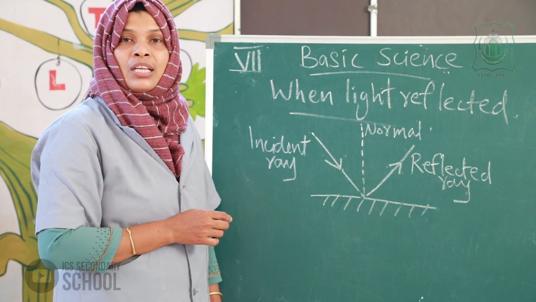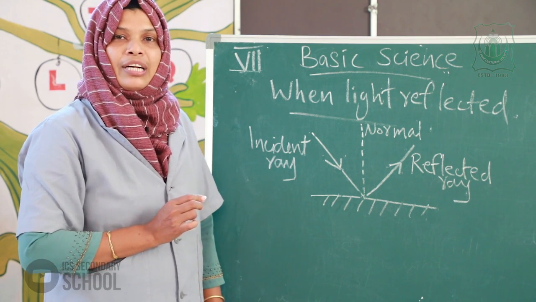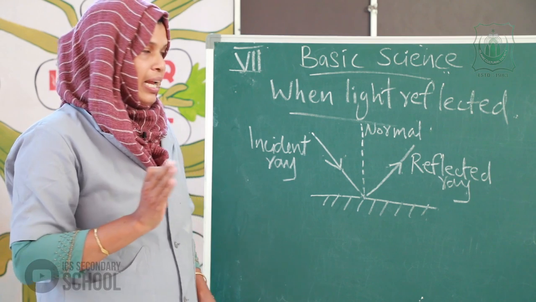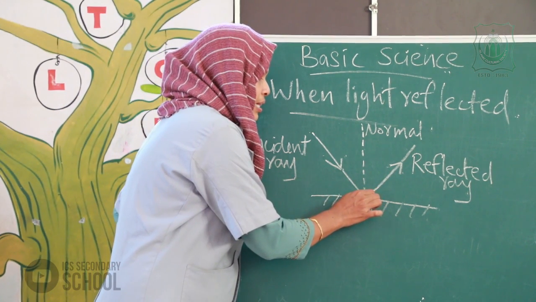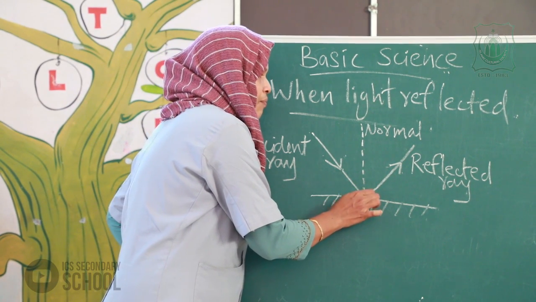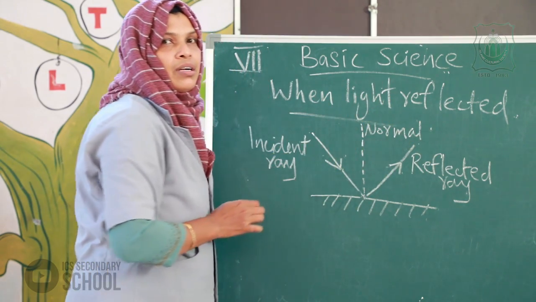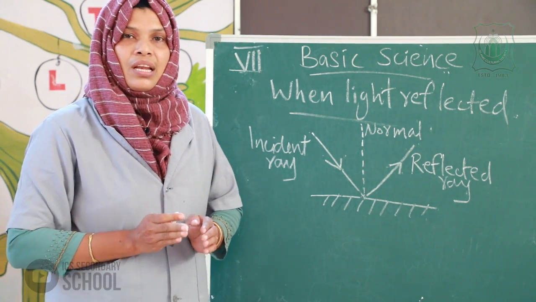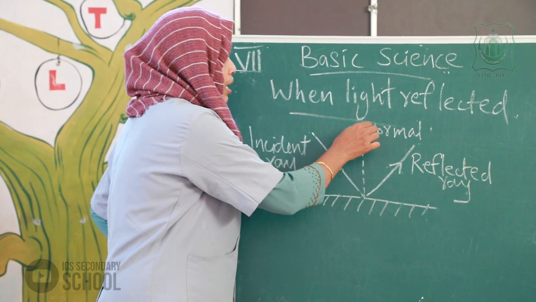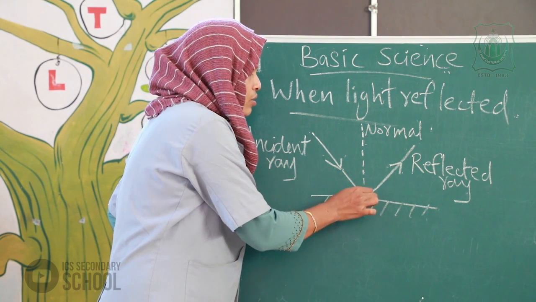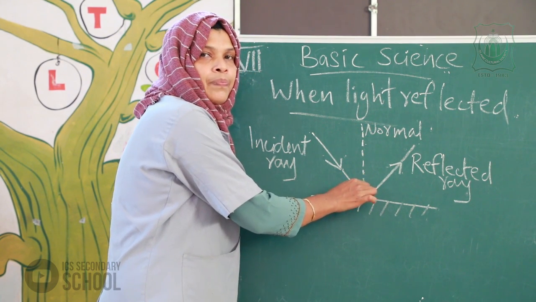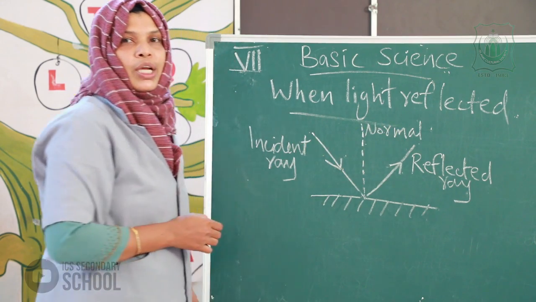What is meant by incident ray? The light that falls on the mirror is called the incident ray, and the light reflected from the mirror is called the reflected ray, and the line drawn perpendicular to the mirror is called the normal.